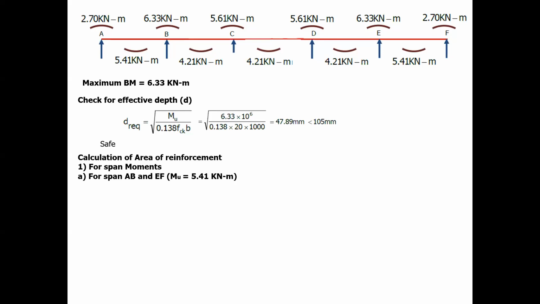So here first you take for span AB and EF. Mu is equal to 0.87 fy Ast d into 1 minus fy Ast divided by fck b d.